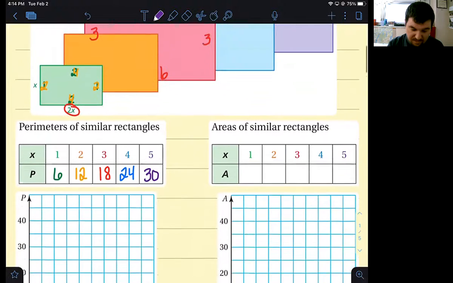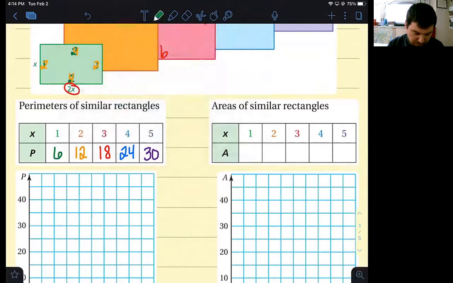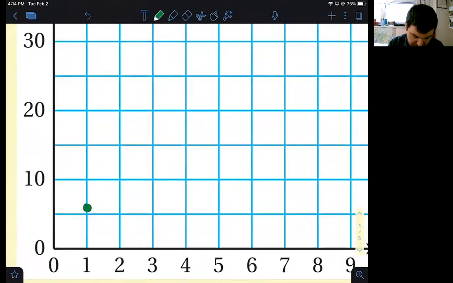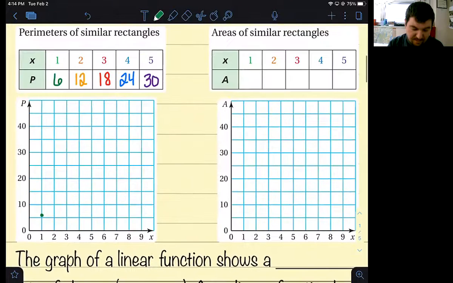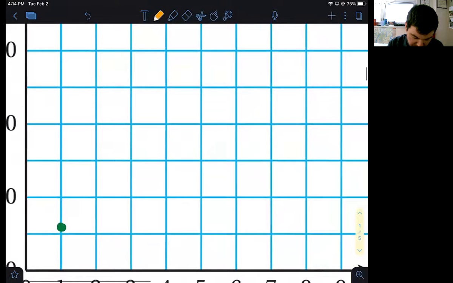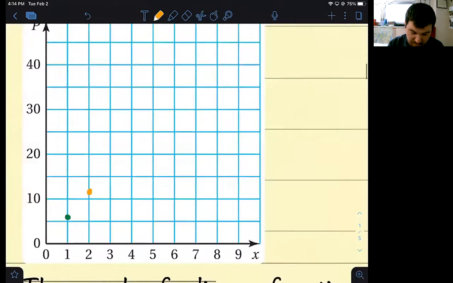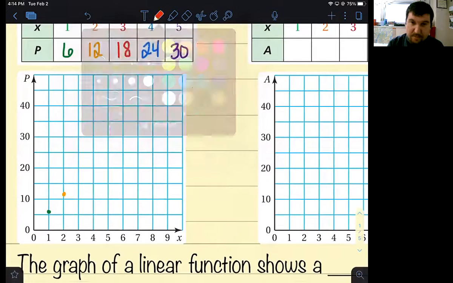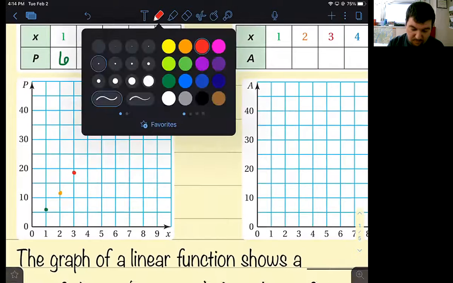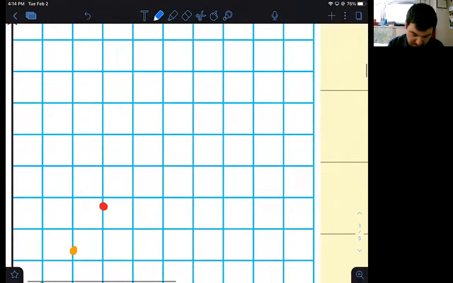So let's go ahead and plot these points. 1, 6 would be somewhere in this area. Since it's counting by 5s, I'm going to go ahead and say that's 6 right there. 2, 12 would be about right there, I suppose, just estimating. 3, 18 would be right in this area. 4, 24 is going to be right in this area.